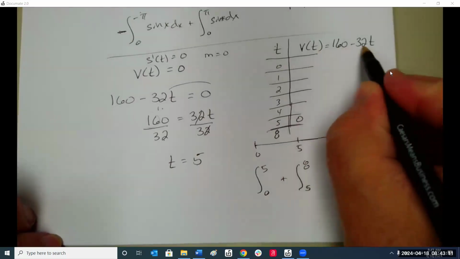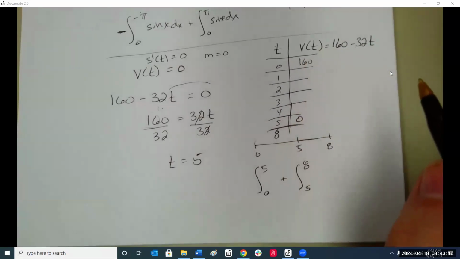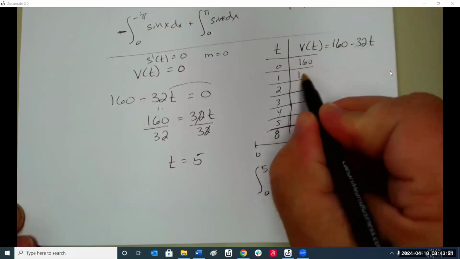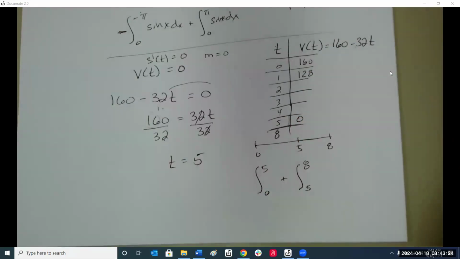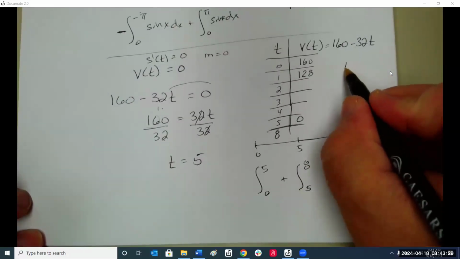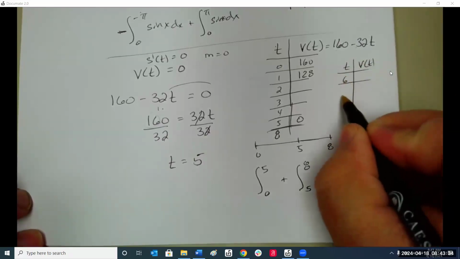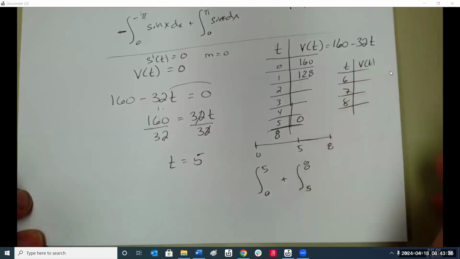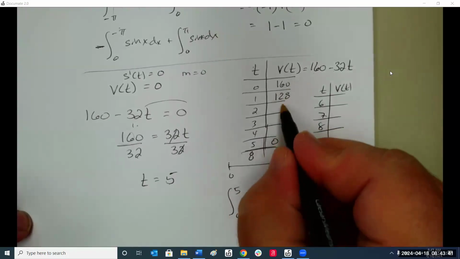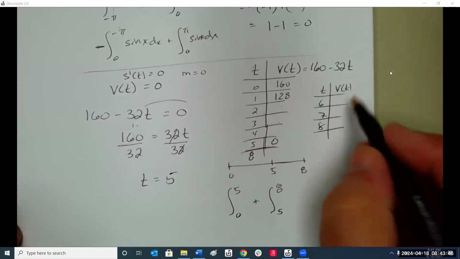So when t is zero, we got 160. That's the initial explosion. Then when t is 1, 160 minus 32 is 128, and so on and so forth. Then how about when t is 6, 7, and 8? So these are all going to get smaller and smaller until it gets to 0. What's going to happen with these?